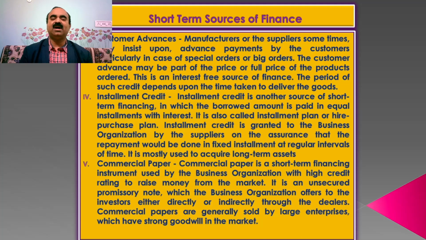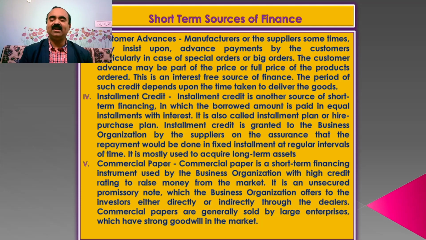The fourth short-term source of finance is installment credit. Installment credit is another source of short-term financing in which the borrowed amount is paid in equal installments with interest. It is also called installment plan or hire purchase plan.